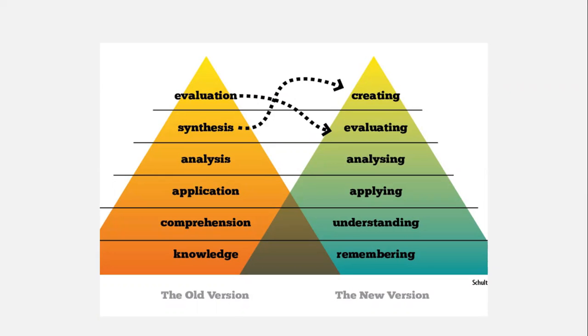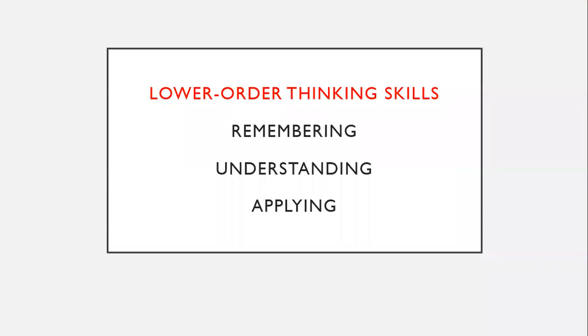But in the new version, the first level is remembering, then understanding, applying, analyzing, evaluating, and now creating. So there's a change of the levels and also the terminologies used between these two versions. First, let's discuss the lower order thinking skills, which are remembering, understanding, and applying.